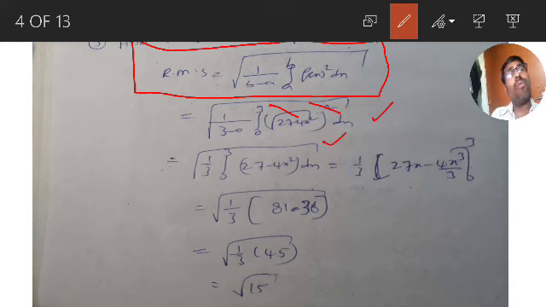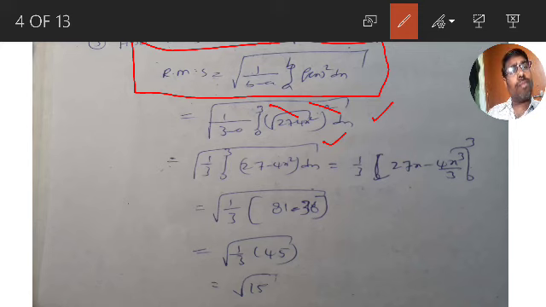So now, what does the fundamental theorem of integral calculus say? First do integration, then apply upper limit minus lower limit.